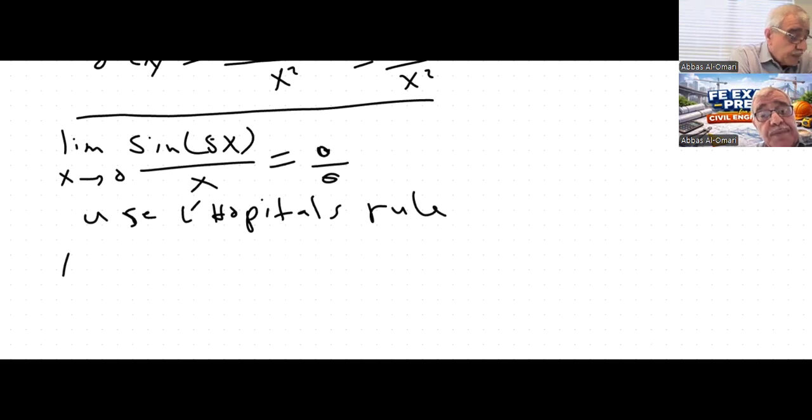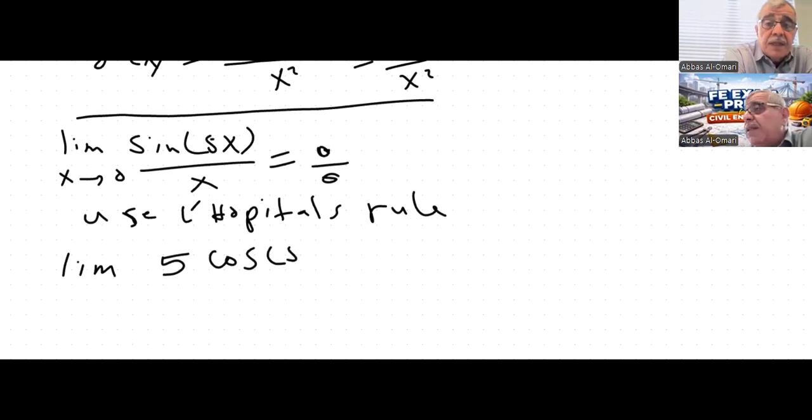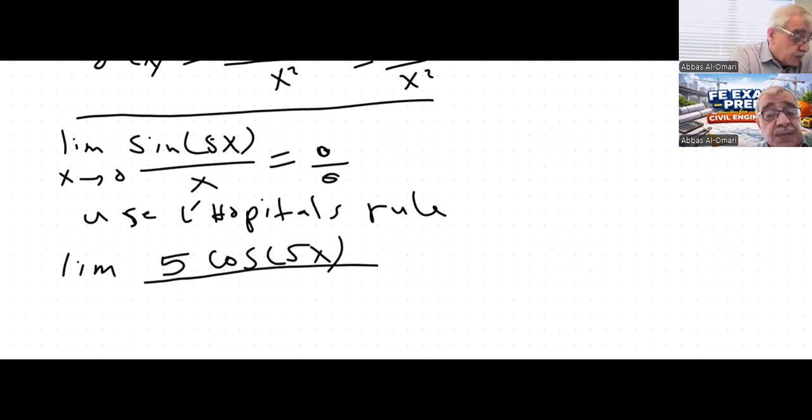Now sine 5x, what's the derivative of sine 5x? The derivative of sine is cosine. So we take the derivative of the 5x, which is 5, cosine 5x. So this is the derivative of the numerator, and the derivative of the denominator, which is x, is 1, as x goes to 0.